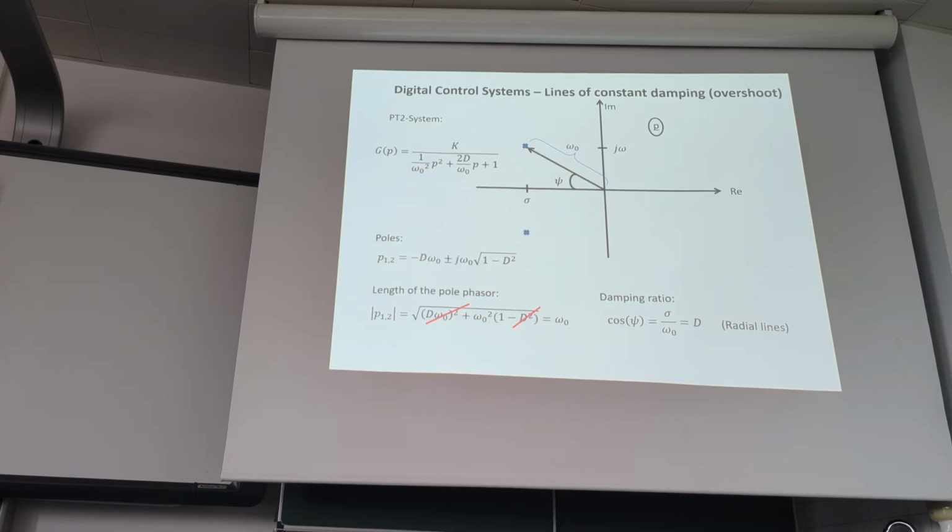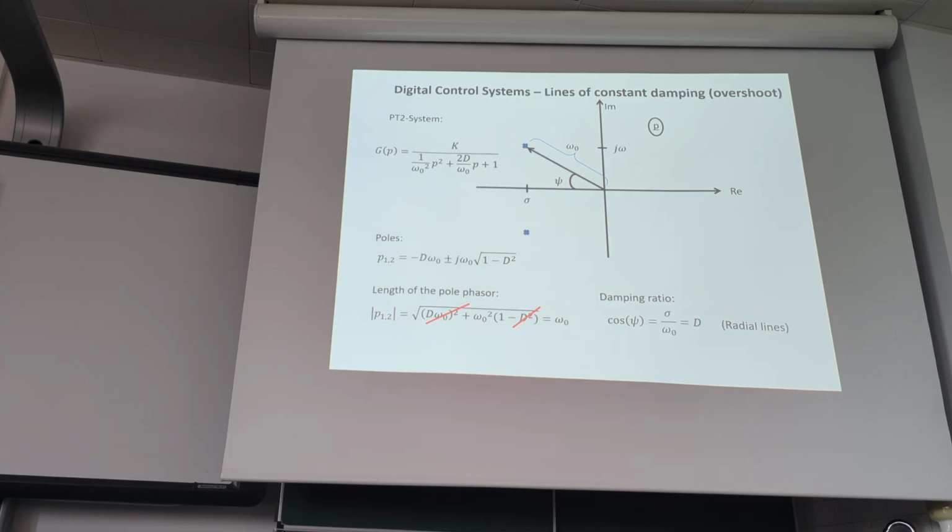And omega 0 is the length of the phasor, that's the natural frequency. This is actually the frequency the system would oscillate with if there would be no damping at all. So the length of the phasor, and the damping itself is the cosine of this angle.